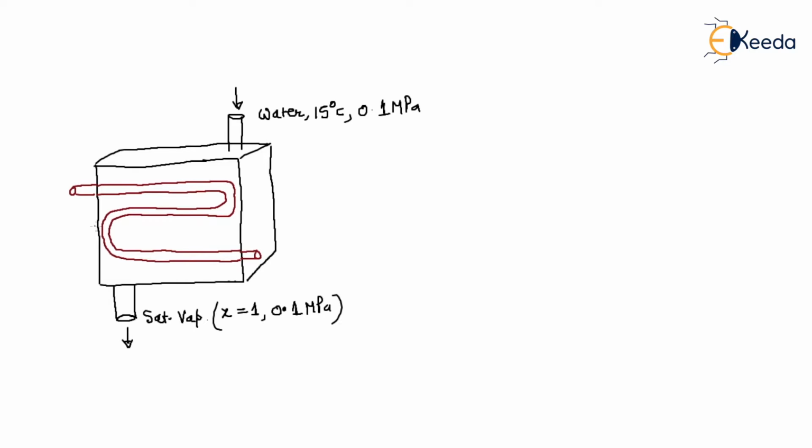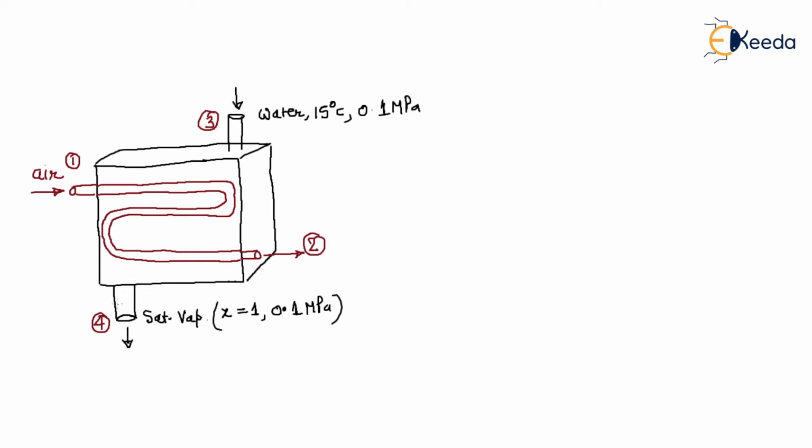Now in this there is air coming in. This is your air and this is your exit. Let's suppose air in at 0.1, exit at 0.2, water in at 0.3, exit at 0.4.